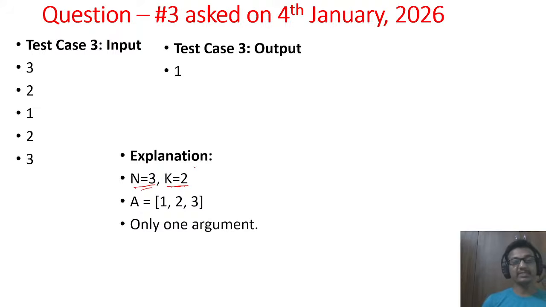That indicates there should be two increases, two pairs where the increase happens. The elements are 1, 2, 3. Let us first take the array 1, 2, 3.